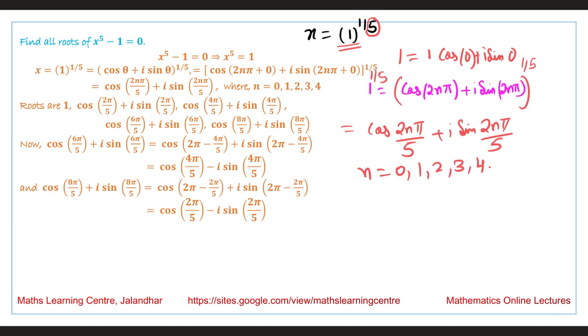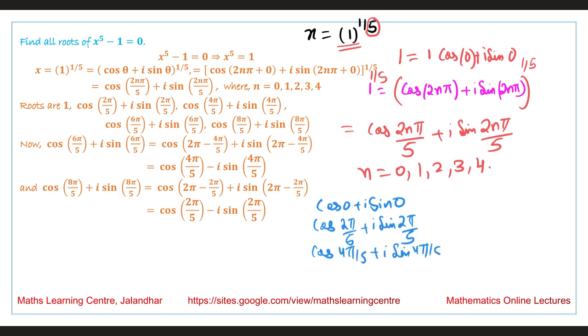So for n is equal to 0, the first answer we obtain is cos 0 plus iota sin 0. Next, when we substitute n is equal to 1, we get cos 2 pi by 5 plus iota sin 2 pi by 5. Next, we substitute 2: cos 4 pi by 5 plus iota sin 4 pi by 5.